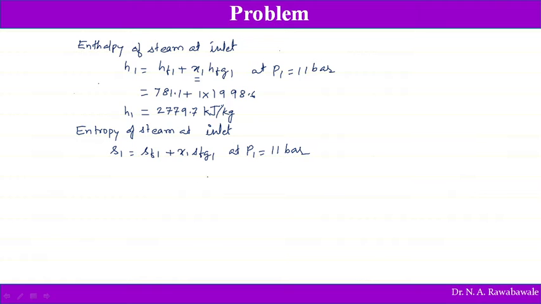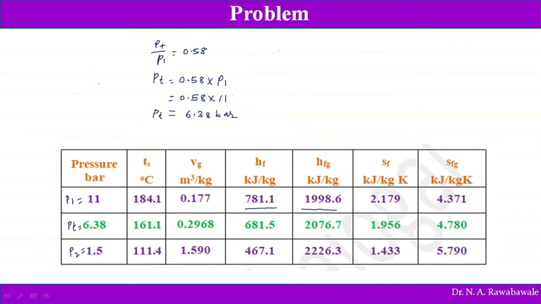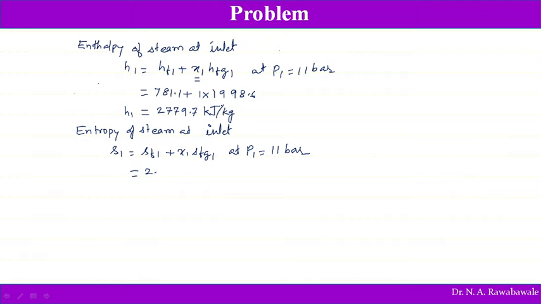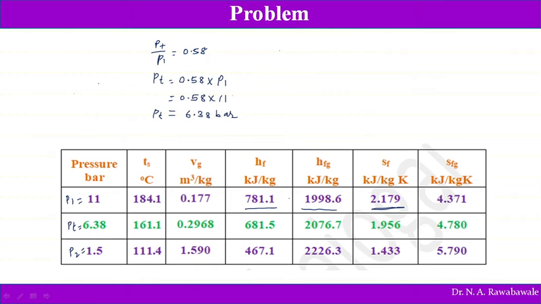This data has to be taken from the steam table at 11 bar. sf1 is 2.179, plus x1, which is 1 since it is dry saturated steam, into sfg1 at 11 bar, which is 4.371.